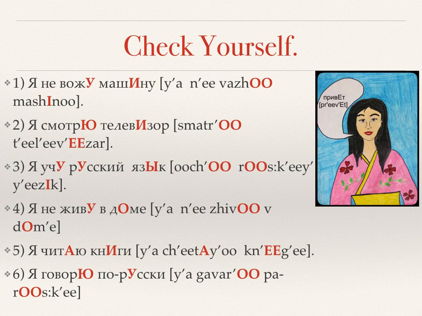Number 4. Я не живу в доме. Number 5. Я читаю книги. Number 6. Я говорю по-русски.